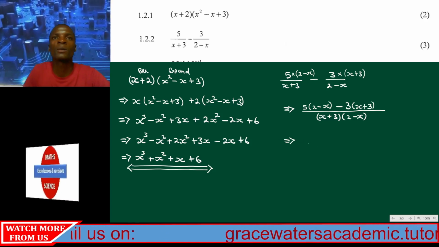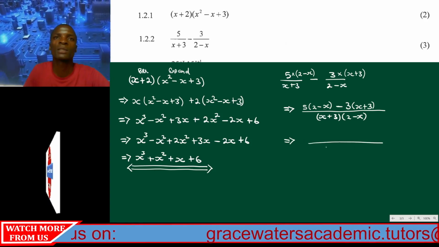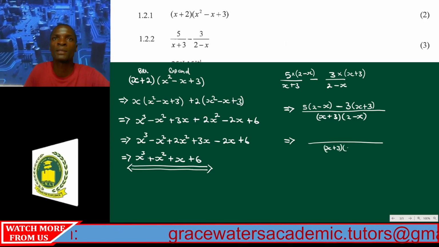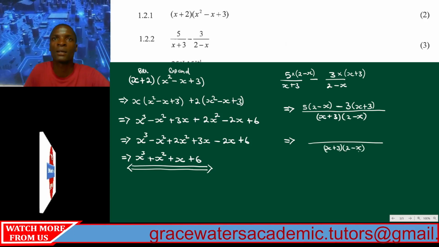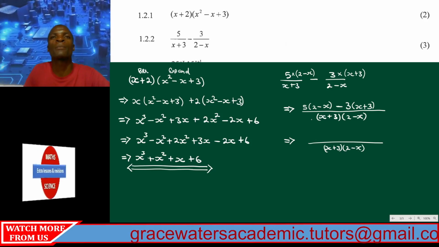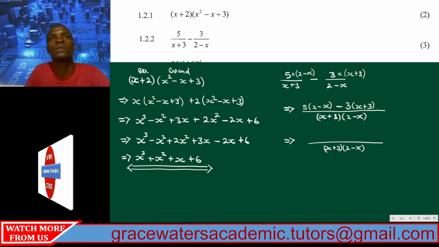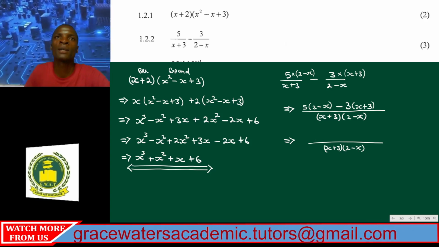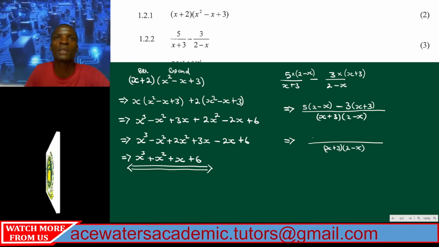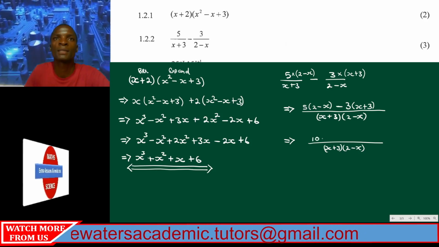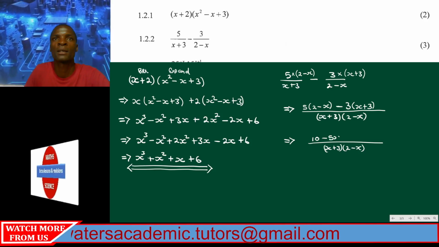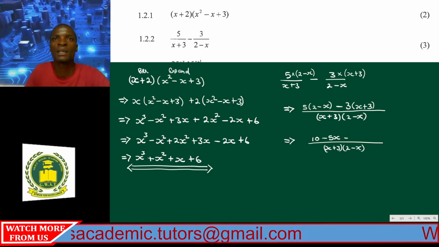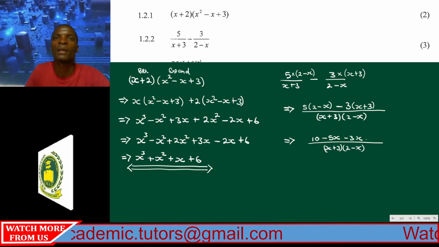The common denominator remains the same, so we take it as it is, x plus 3 and 2 minus x. Then after that, what you need to do now is to make sure that you simplify these two parts. So 5 and 2 minus x expanded gives you 10 minus 5x. Expanding minus 3 and x plus 3 gives you minus 3x and minus 9.